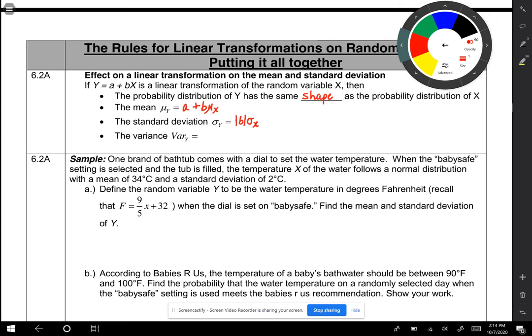And then the variance of Y is equal to b squared times the variance of X.